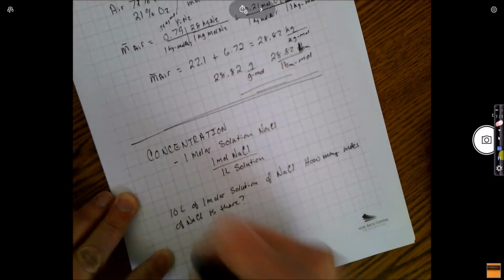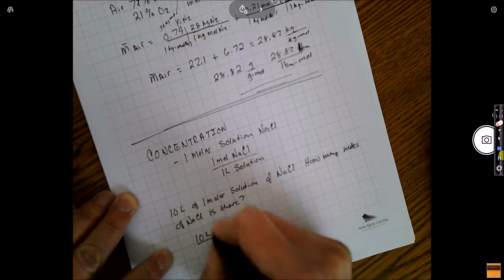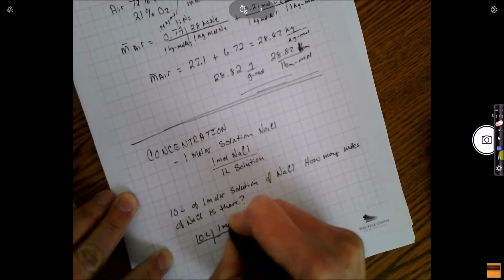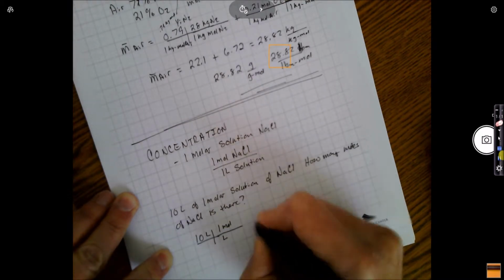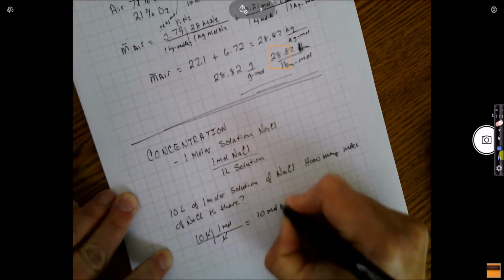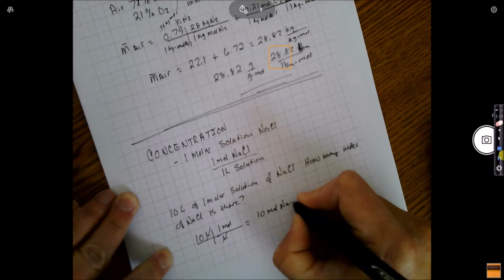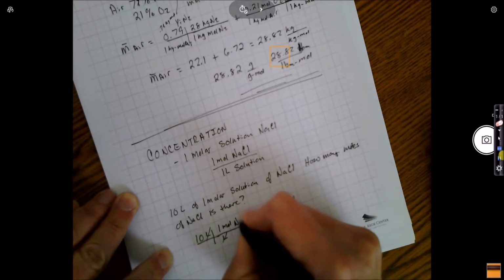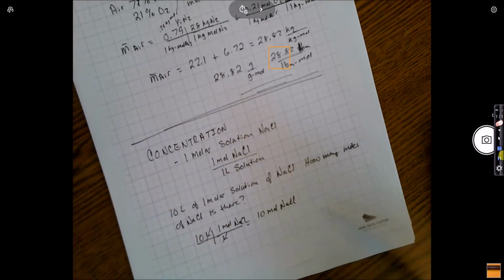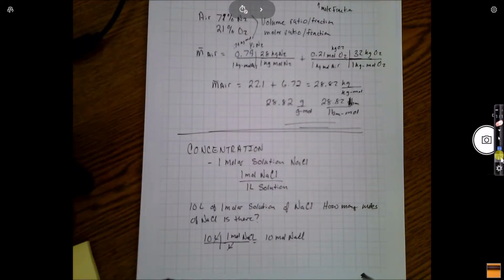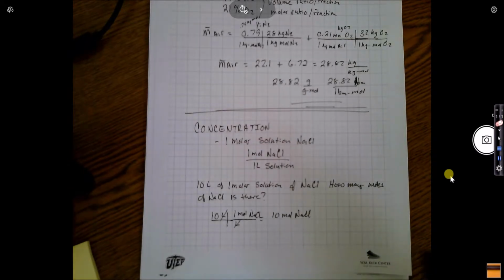Okay, so we'd start off with 10 liters. And 1 molar means there is 1 mole per liter. So that just simply means there's 10 moles. I probably should have put 1 mole of NaCl here for bookkeeping purposes. All right, sorry about that. So here we were just using molarity as a conversion factor.